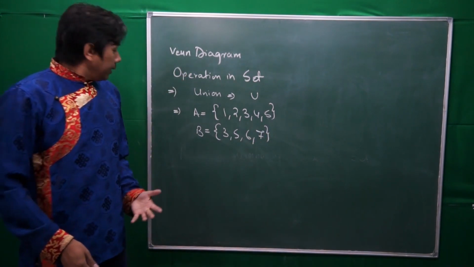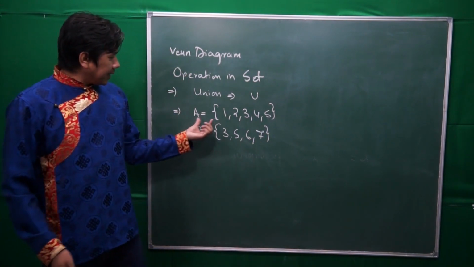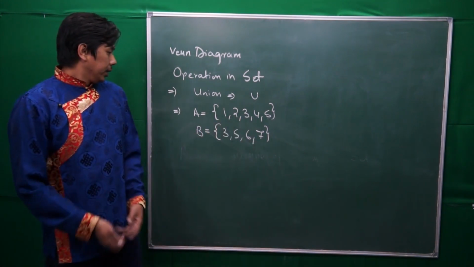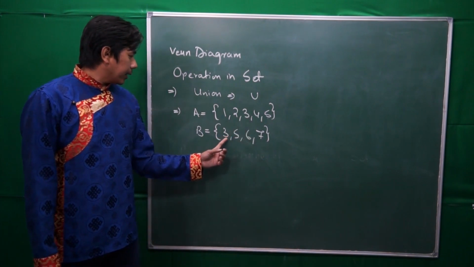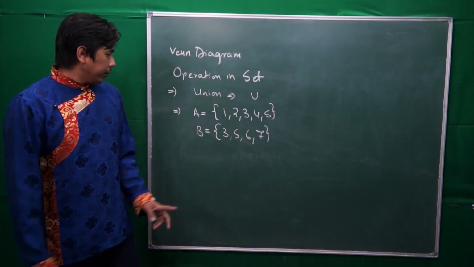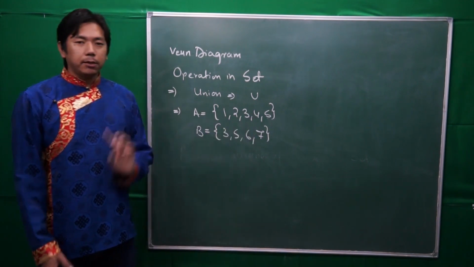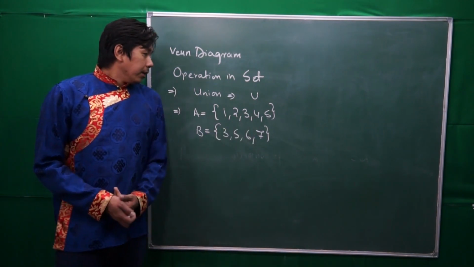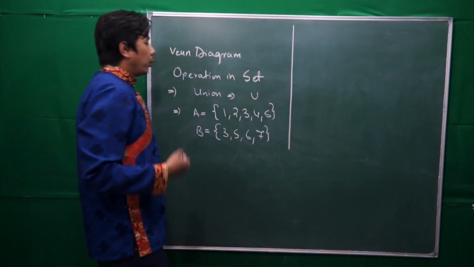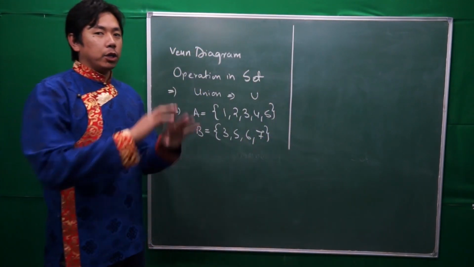Now looking at the structure of the sets A and B, we see certain common elements. The elements are 3 and 3, 5 and 5. Rest all are different. Now how do we represent a Venn diagram? In a Venn diagram, we have a universal set.